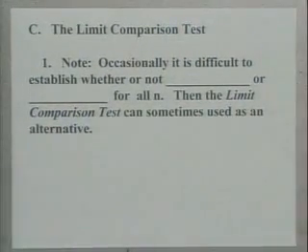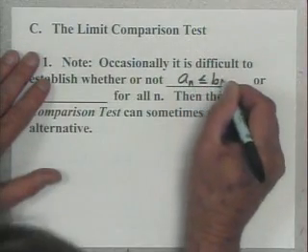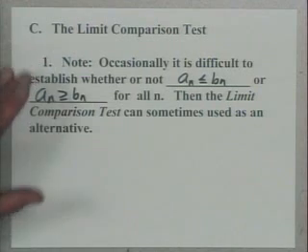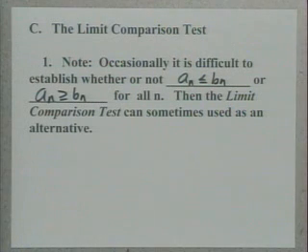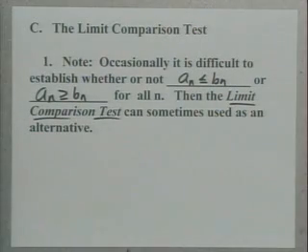As we pointed out, occasionally it's difficult to establish whether or not a sub n is less than or equal to b sub n, or maybe a sub n is greater than or equal to b sub n for all n. Now the last one, we used a little indirect proof and reached a glaring contradiction fairly soon, so that worked smoothly, but sometimes it's really hard to verify which one is really true. Then the limit comparison test can sometimes be used as an alternative.